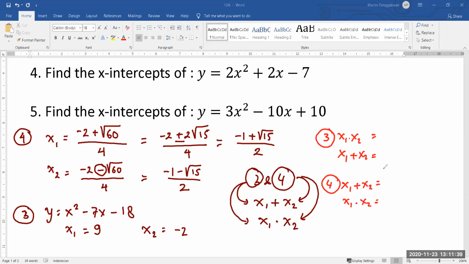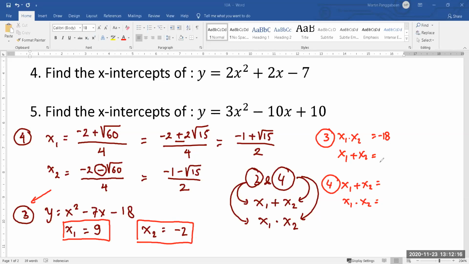Okay. Number 3, Joy, x1 times x2. No, number 3, I mean this one. I already had this one and this one. Just multiply it. So what is the product? Oh, negative 18. Okay.